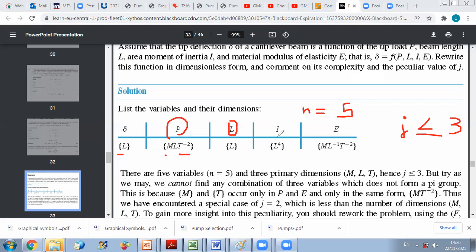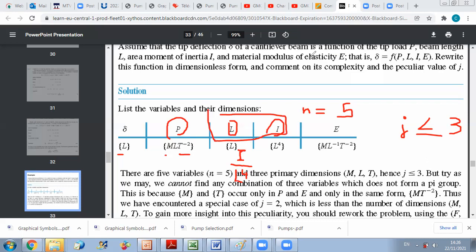Look, if I take I, for example, L and I form a group. So I cannot say that P, L, and I are independent, because the dimension of I is L^4. So if I do I over L^4, I get a dimensionless group. Okay, so these 3 variables are not independent.